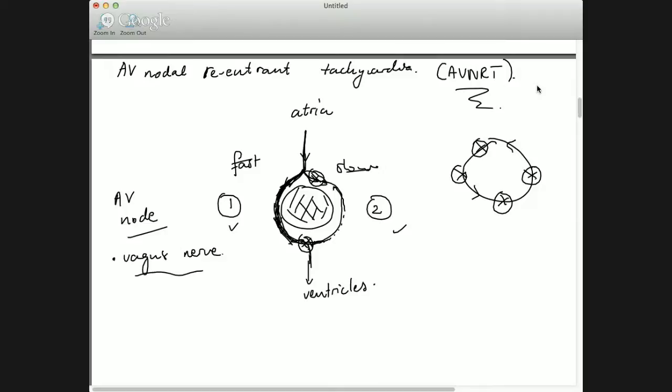And to block it, all you need to do is prevent the propagation of the action potential. In other words, all you need to do is prevent, in this case, the influx of calcium ions. Because if you remember correctly, AV nodal tissue and sinoatrial nodal tissue, their sodium channels are permanently inactivated, because the resting membrane potential of your sinoatrial and atrioventricular nodal tissue is quite high.